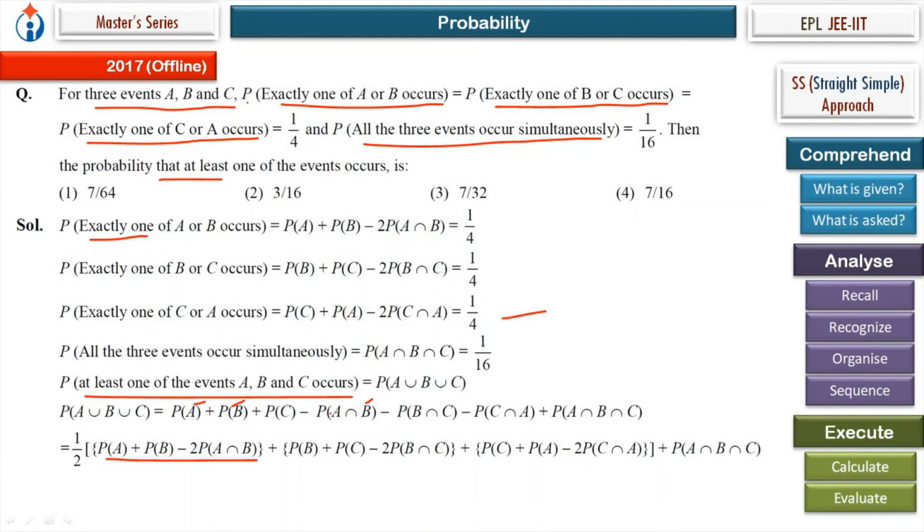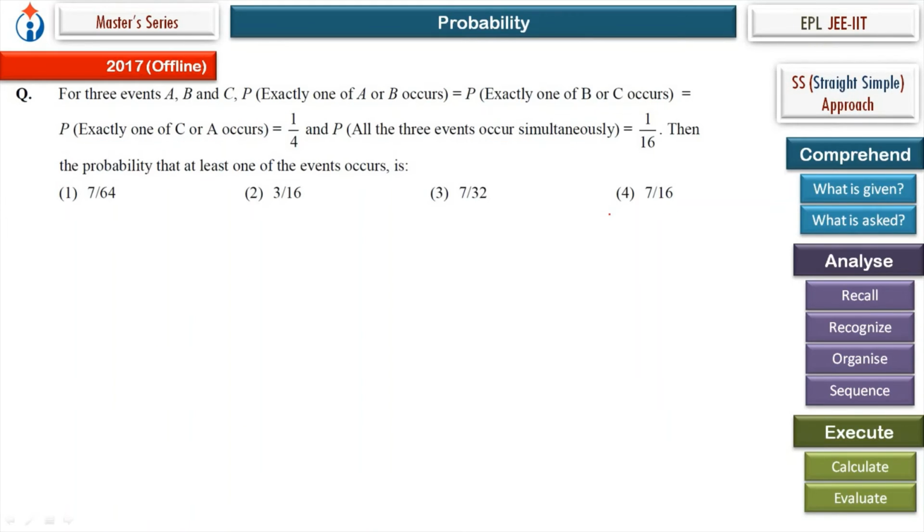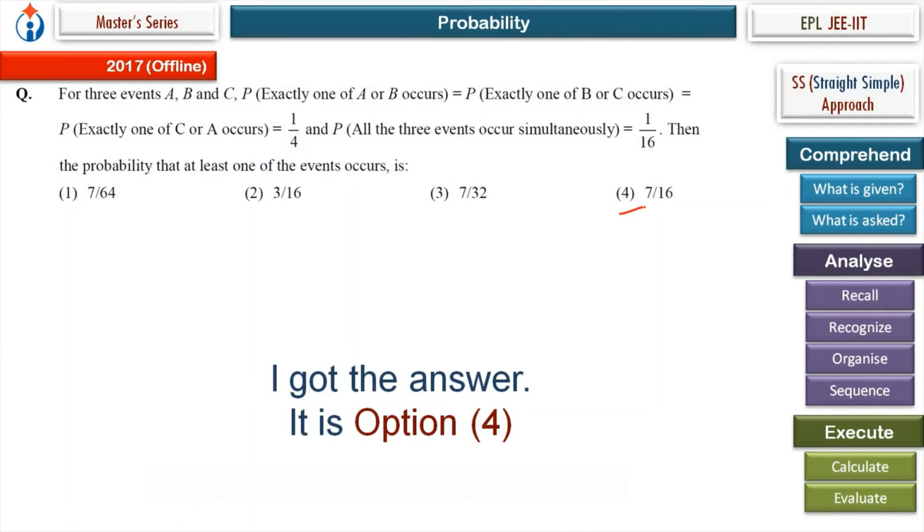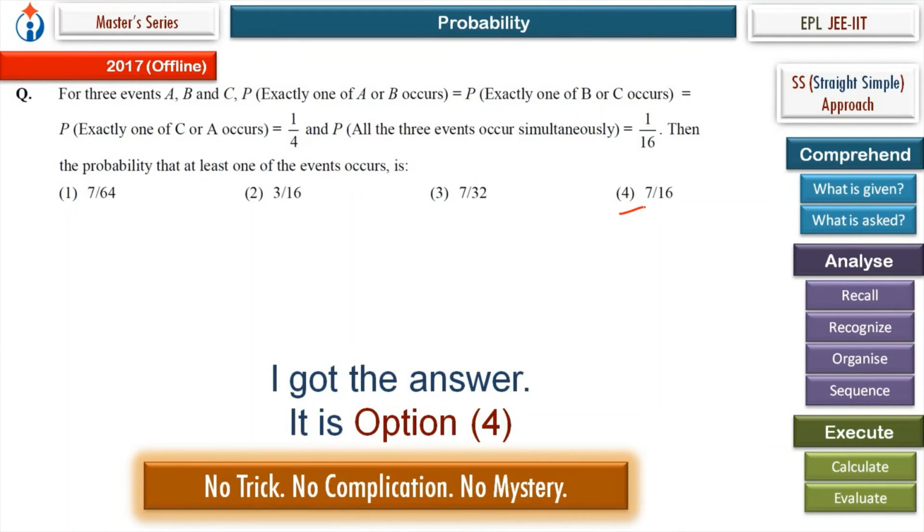So I need 2 times, so 2 times here, so just made it half. This is actually equal to this, comes out equal to here. Simply looking at what is given and what this is equal to, just put the values, you get the answer, 7 upon 16. Option 4. No trick, no complication, no mystery.